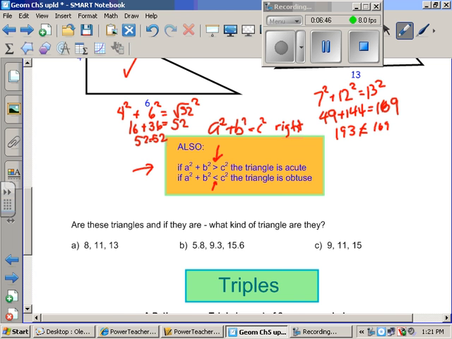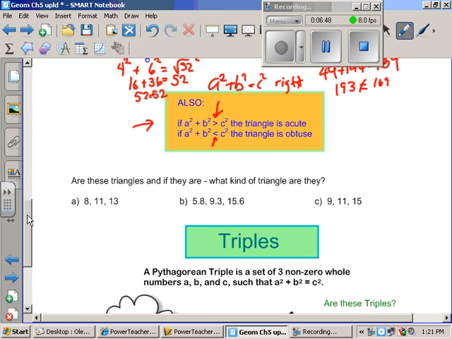Okay, so if I'm trying to test what kind of triangles these are, I know the longest side has to be C, and then it doesn't really matter which other two I pick. So I do 8 squared plus 11 squared, and I don't know if it's going to be greater than, less than, or equal to 13 squared.